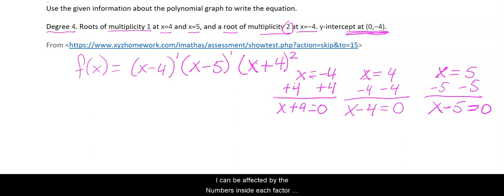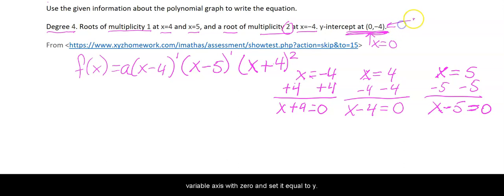That can be affected by the numbers inside each factor raised to their powers and any leading coefficient. So I'm going to put an a at the beginning so that I can account for that. To find the value of a, I simply need to replace all the variable x's with 0 and set it equal to y equal negative 4.